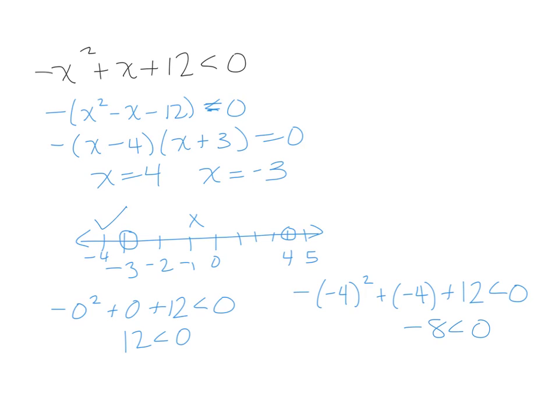And 5 is, I'm sure, going to come out to the same thing. Also comes out to a true statement when you fill in 5. So we go negative 5 squared plus 5 plus 12, negative 25 plus 5 plus 12 also comes out to negative 8. Negative 8 is less than 0, and it's true.